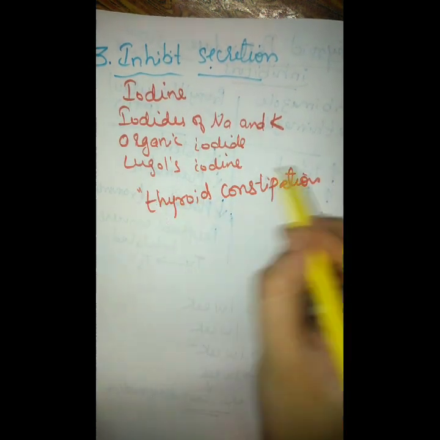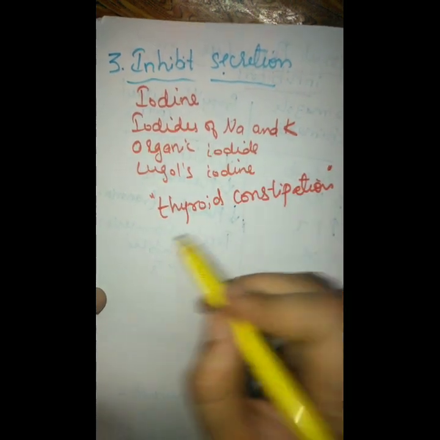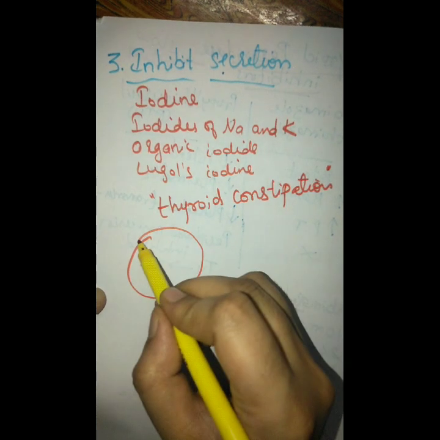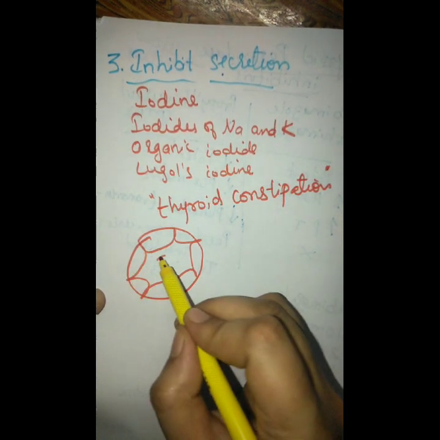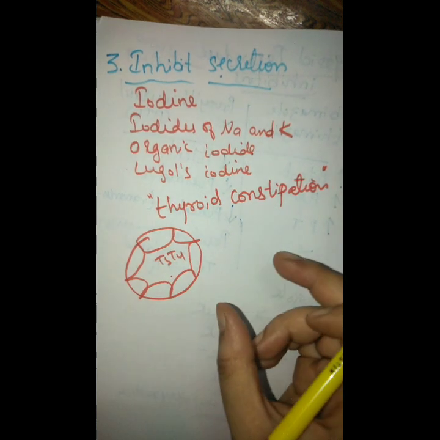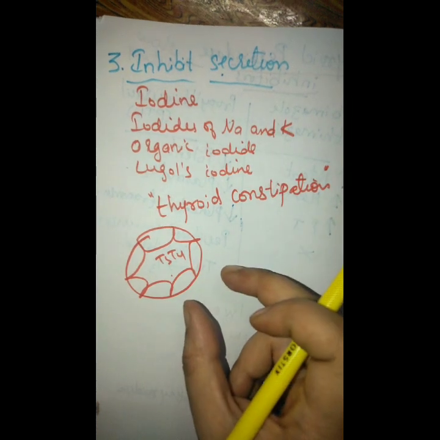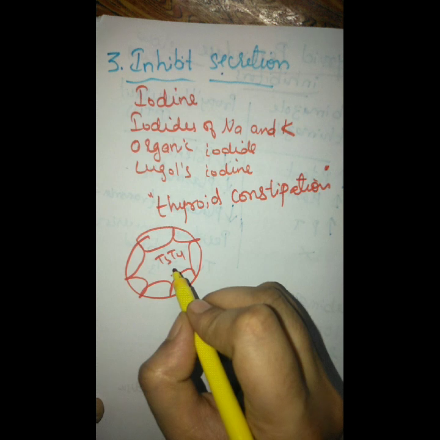See, we still do not know the exact mechanism of action, but these agents inhibit the release of the thyroid hormone. Whatever thyroid hormone is present in your colloid, the T3 and T4, it will stay there only. So a condition known as thyroid constipation is produced because of these drugs, because they do not affect the synthesis of your thyroid hormone.